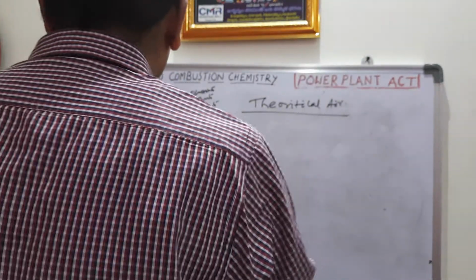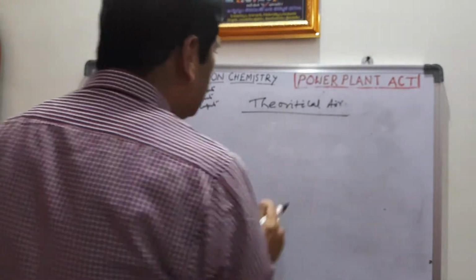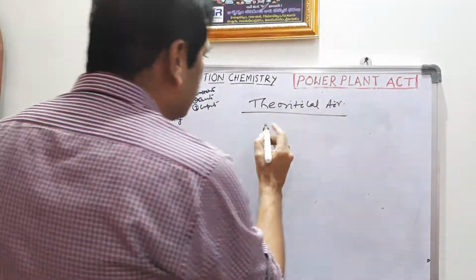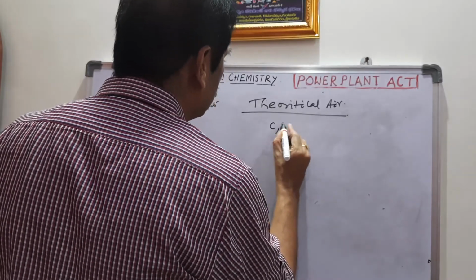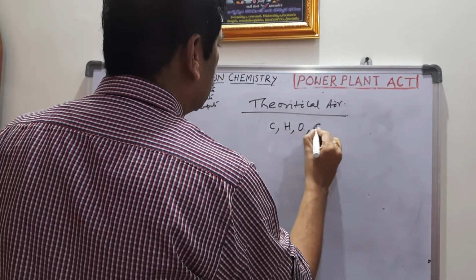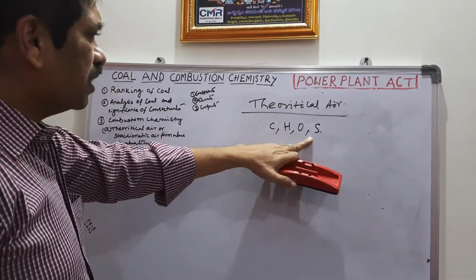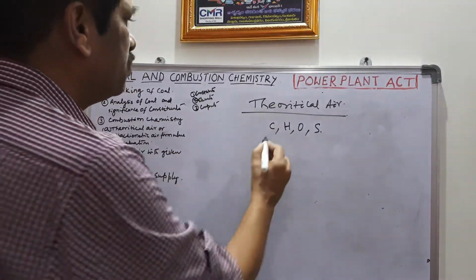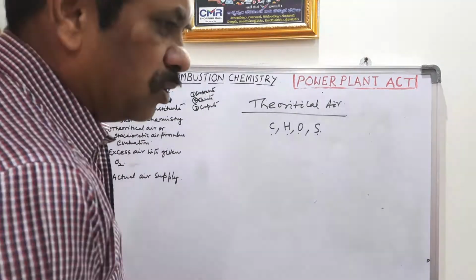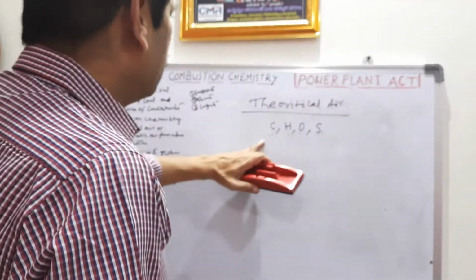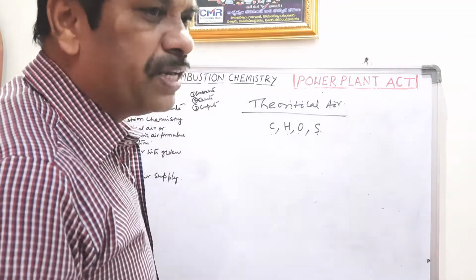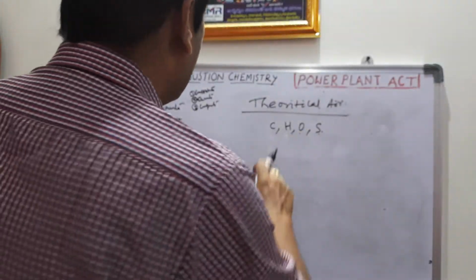So actually, the constituents present in fuel are carbon, hydrogen, oxygen and sulfur. These four main constituents are present in coal. So we will see how the combustion chemistry takes place with these elements.